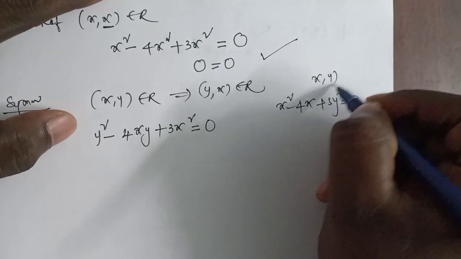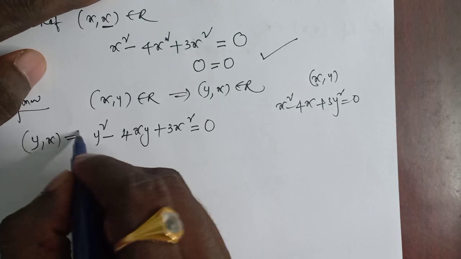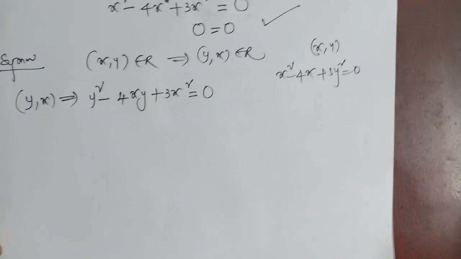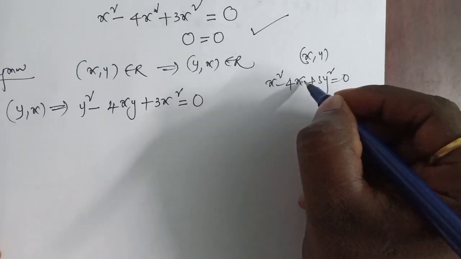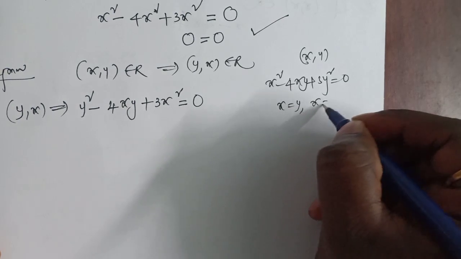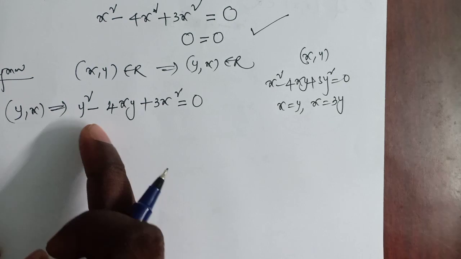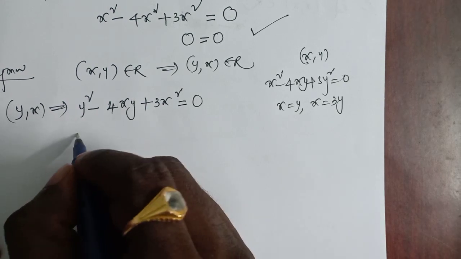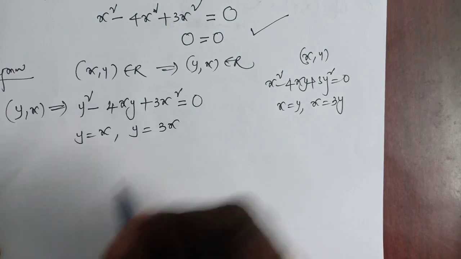It is in terms of x and y, and this is in terms of y and x. See clearly, while we solve this, what we get? x equal to y and x equal to 3y. But in a similar way, what we get? y equal to x and y equal to 3x.